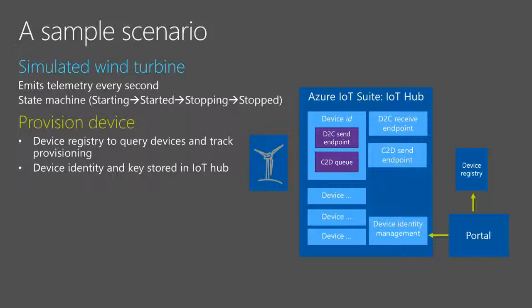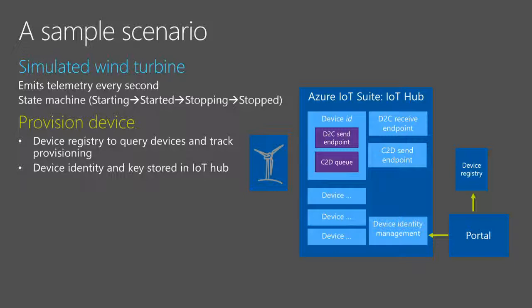The scenario starts by provisioning a device in the system. Here, there's a portal that provisions a device in a device registry that is implemented in a DocDB collection. This, of course, represents your own device registry and your own rest of the solution.